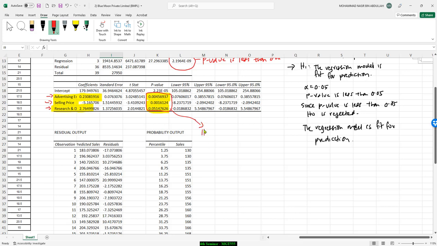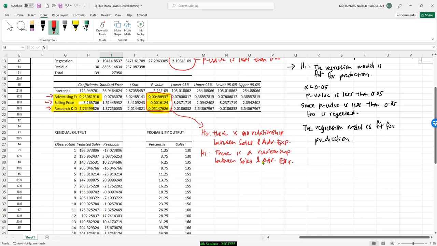Null hypothesis, there is no relationship between sales and advertising expenditure. Alternative hypothesis, there is a relationship between sales and advertising expenditure.